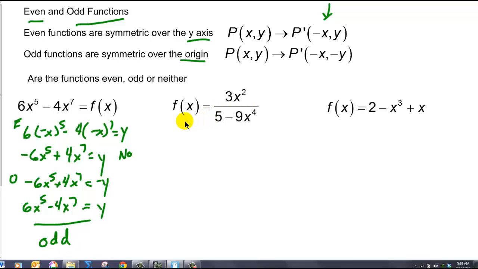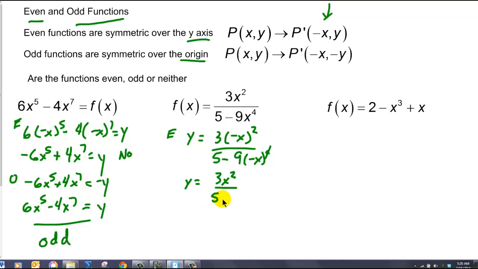Let's move to the next one, check even. So I plug in a -x and a y, so that's y equals 3 -x quantity squared over 5 minus 9 -x to the 4th, which gives me 3x squared minus 5 minus 9x to the 4th.